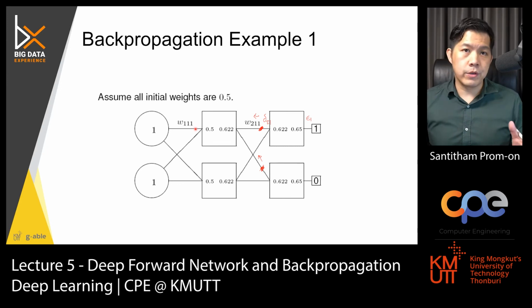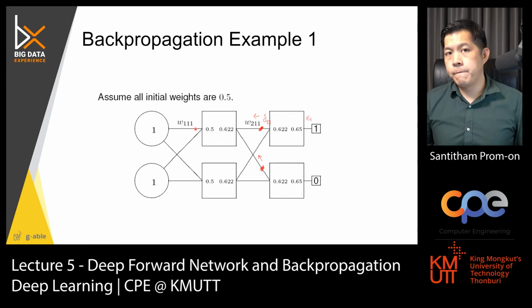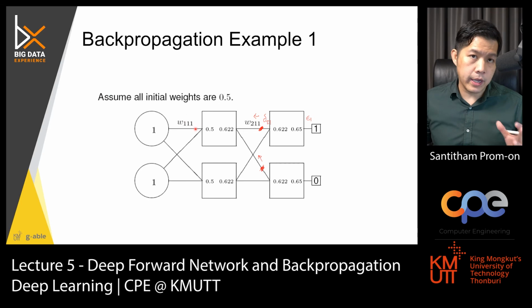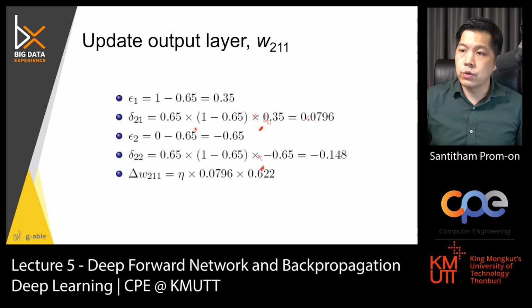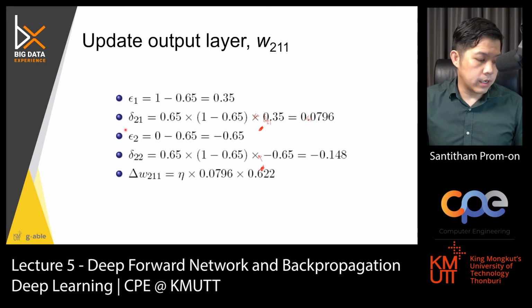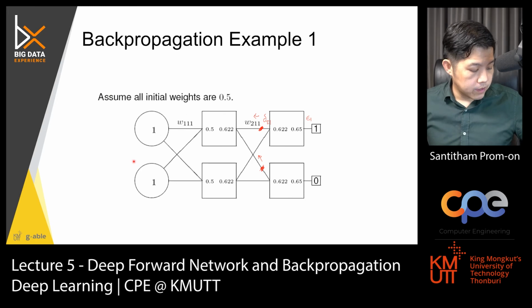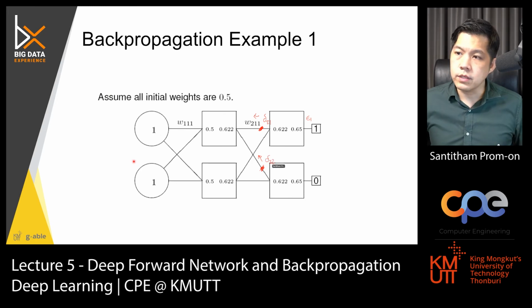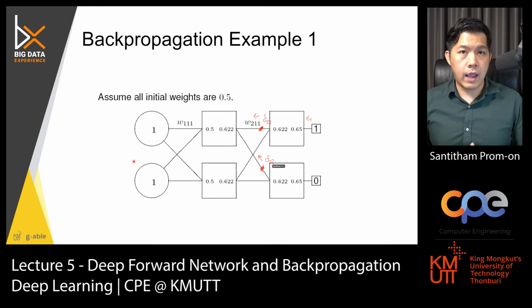So we have to compute delta at both ends in order to propagate the error back. Here we compute the error 2, which is 0 minus 0.65, got this value, then plug this value in to get this delta 22, which I will write here. Okay, now it's time to propagate everything back.